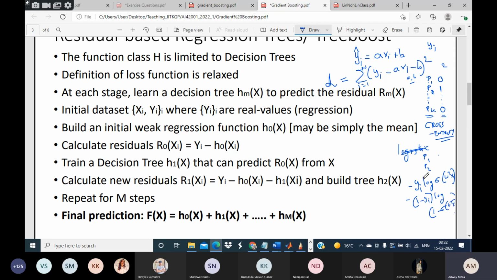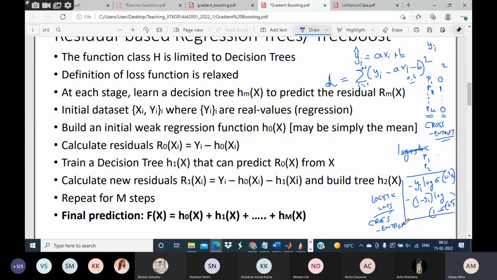This is the loss function which you minimize in case of logistic regression. It is sometimes called logistic loss, but it is actually the same as the cross entropy loss which is used in case of neural networks. Anyway, that's a different story.